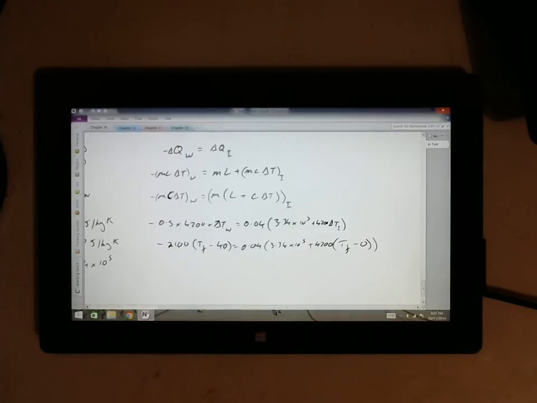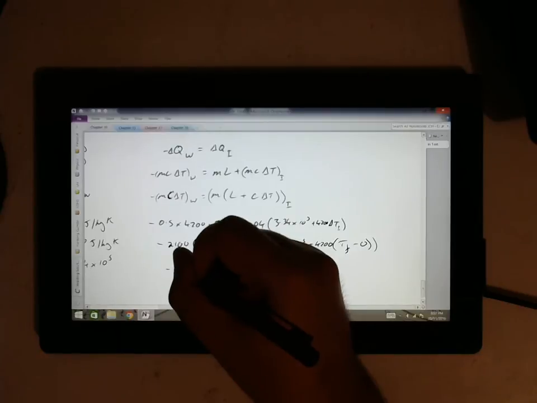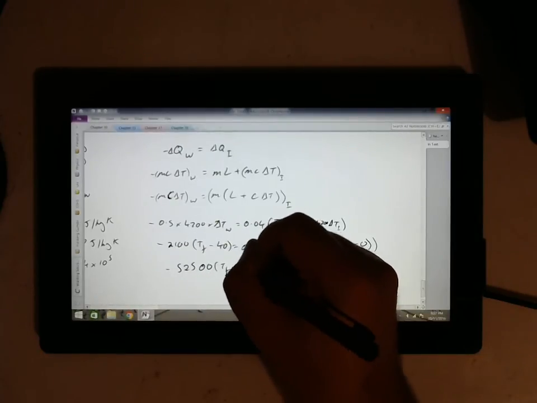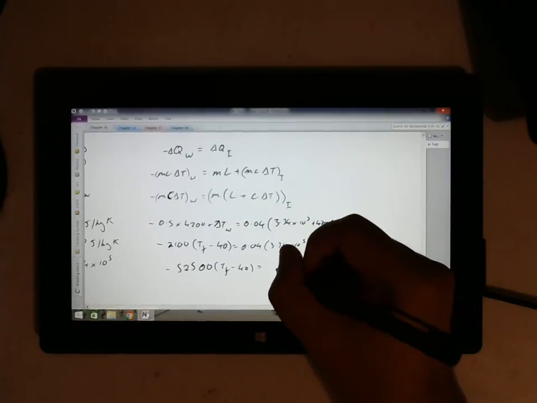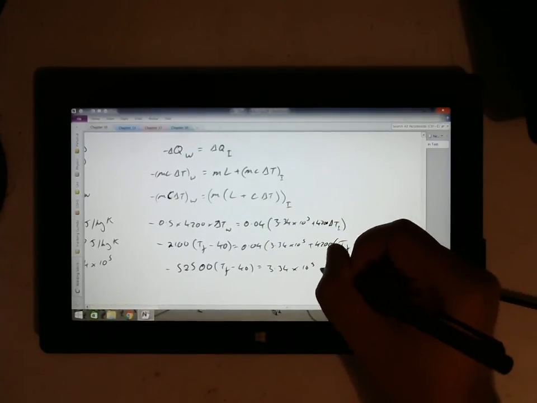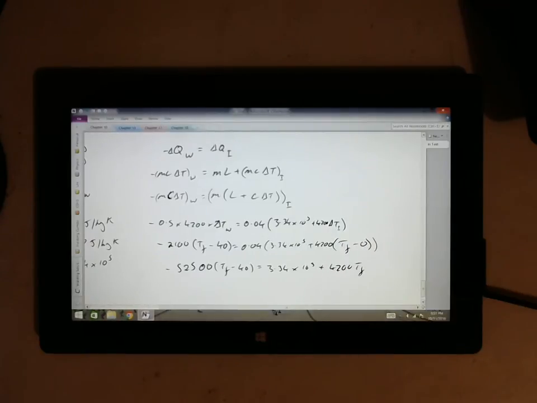So 2100 divided by 0.04 is negative 52,500 outside of TF minus 40 equals 3.34 times 10 to the 5 plus 4200 TF. Okay, let's expand these open.